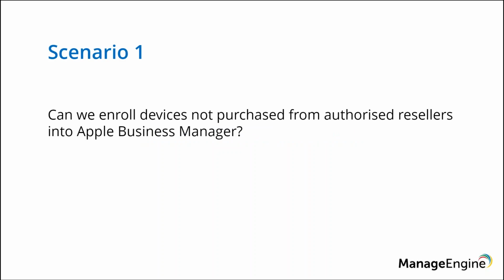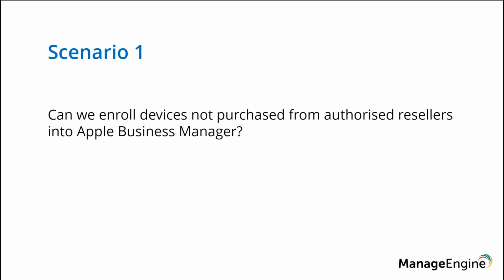The first scenario is, can we enroll devices that are not purchased from authorized resellers into the Apple Business Manager? A short story here is, first Apple did not allow this option, but then they started to feel the wrath, if I'm not wrong, of customers themselves. From iOS 11.0, they brought in an option using Apple Configurator.